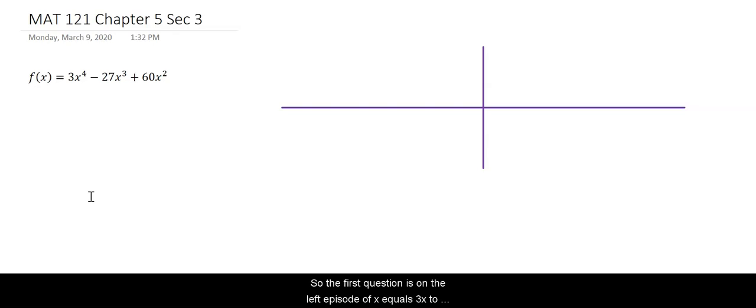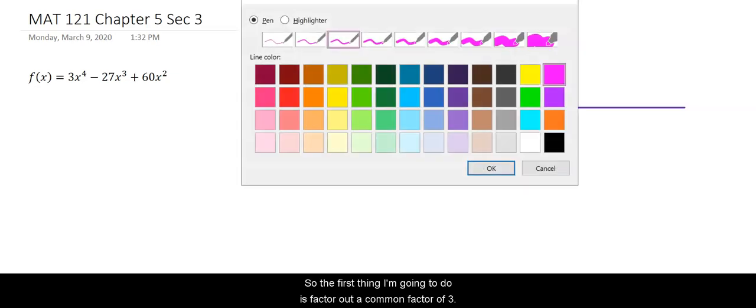So the first question is on the left, f of x equals 3x to the fourth minus 27x cubed plus 60x squared. The first thing we need to do is try to factor this as much as we can. So looking at the coefficients 3, negative 27, and 60, I know I can factor out a 3. So the first thing I'm going to do is factor out a common factor of 3.